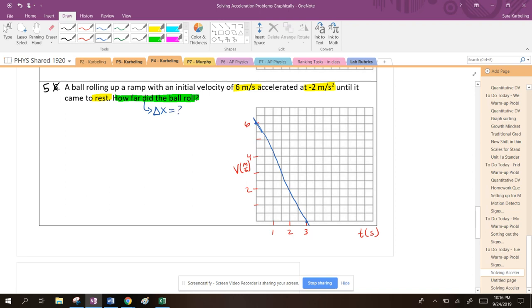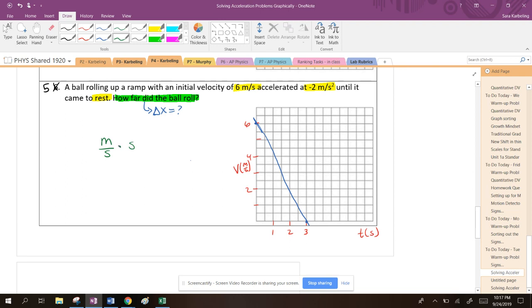Now, you can think back to question 2 at the beginning of this, or we can look at the units to figure out how to deal with this. So we've got meters per second and seconds, trying to find meters. In the last one, we divided because we were looking for meters per second squared, but now we need to just look and see what these units are doing. So we've got meters per second on our y-axis, and seconds on our x-axis.